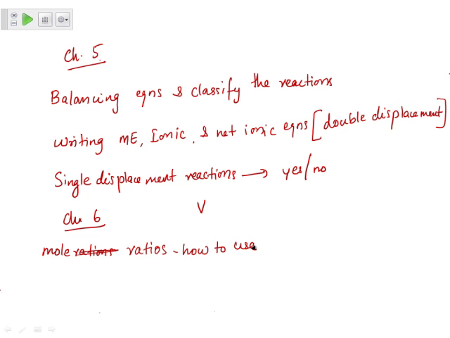Then another sure short question from chapter 6. As soon as we covered mole ratios, what did we learn? Well, mass ratio, mole ratio, they are all one concept. It's just that, if you are not given a quantity in moles, you will just convert the mass to moles and then do the same.